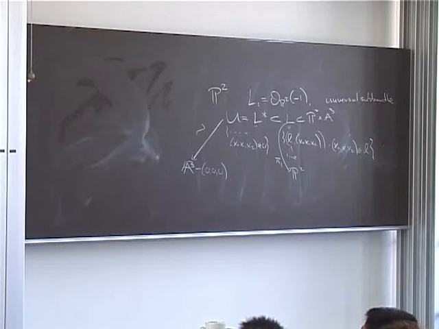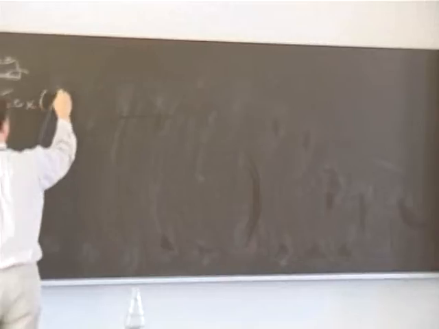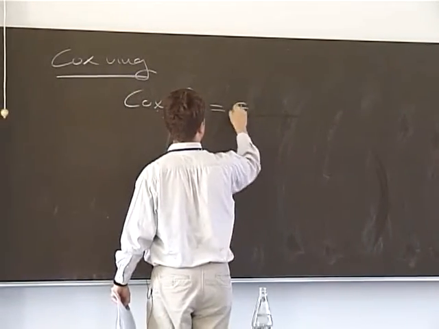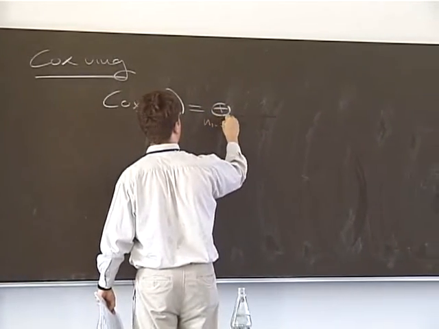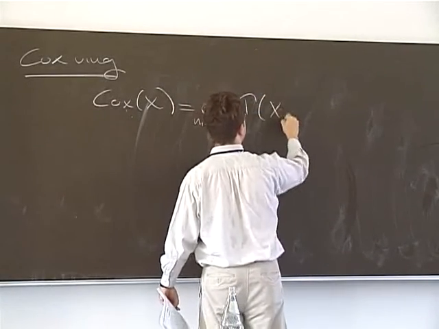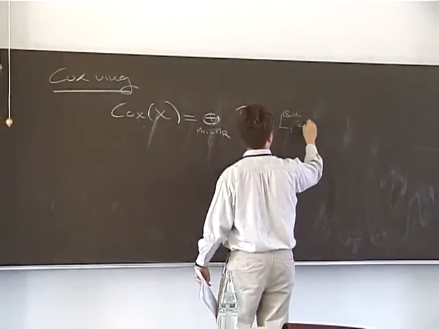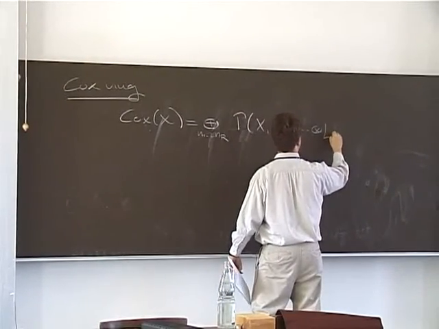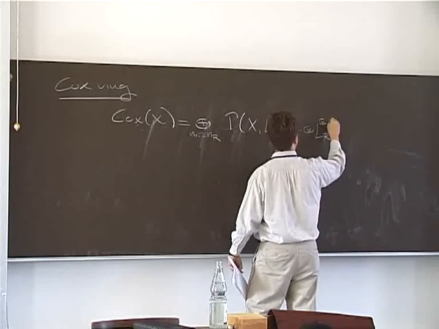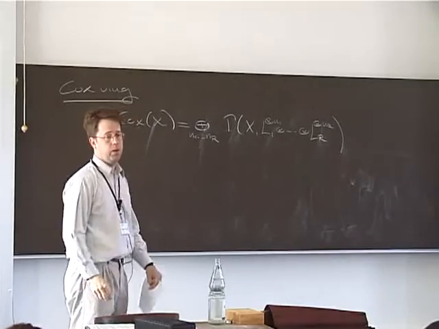So I'm going to maintain those assumptions about X that I made over there. So we define the Cox ring. I just take a direct sum over all integers of the global sections of powers of these line bundles.